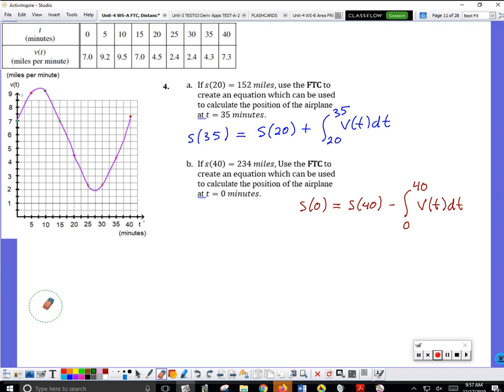You want to get this alone. What I would do is say this is negative, so add this to the other side. Then you have this equation.